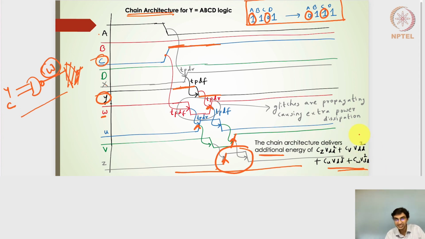So these are additional ones, and that is something one has to take care of. That's why having more output nodes, especially in the chain architecture, is not an energy aware design. If I really want the power benefits or energy savings, then we should go towards the multi-stage architecture design.